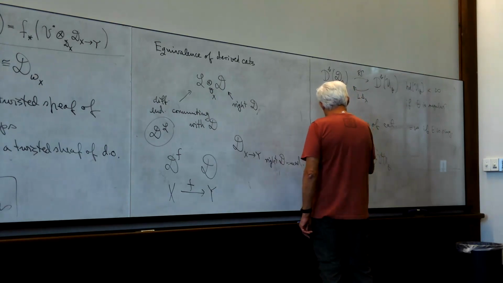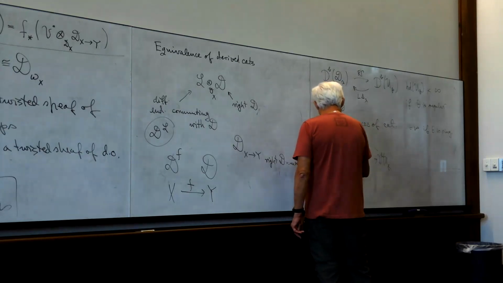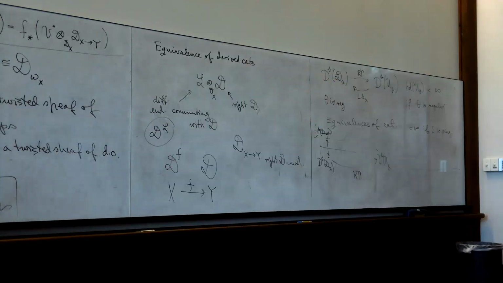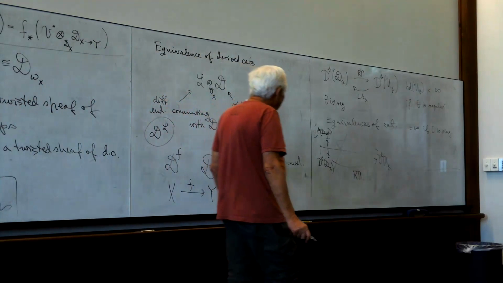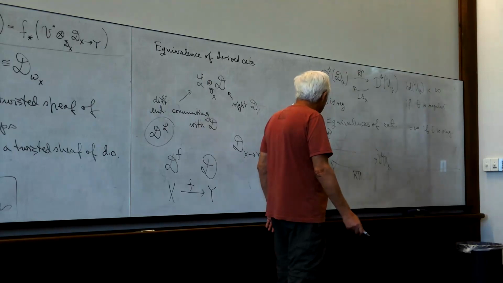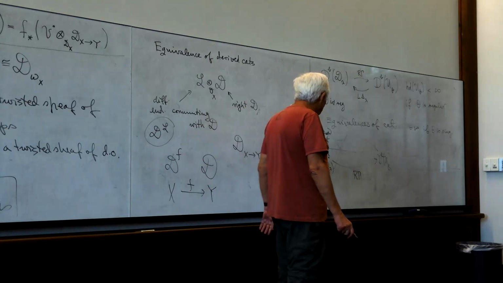So you know that there is a functor from here to here, an equivalence of categories. And if lambda is integral, then you can hold that this will have something to do with twisting, but of course this is true in some special cases, but normally not.